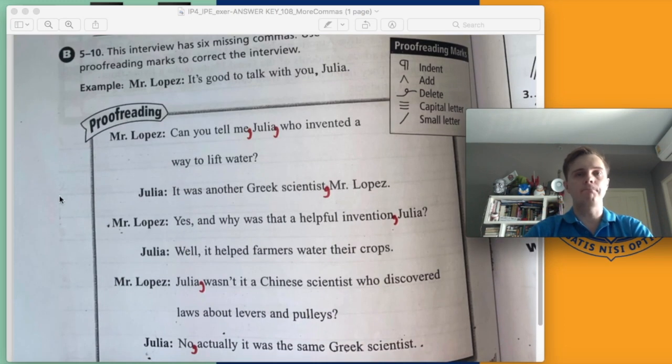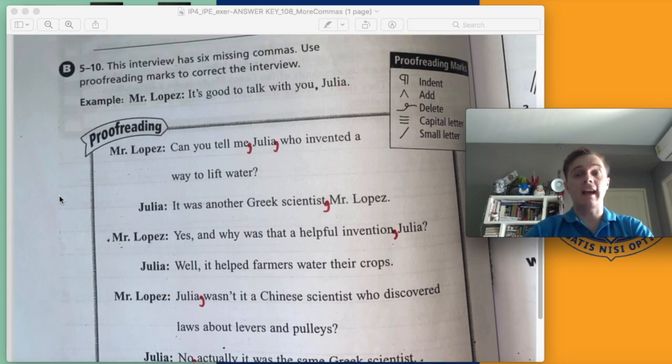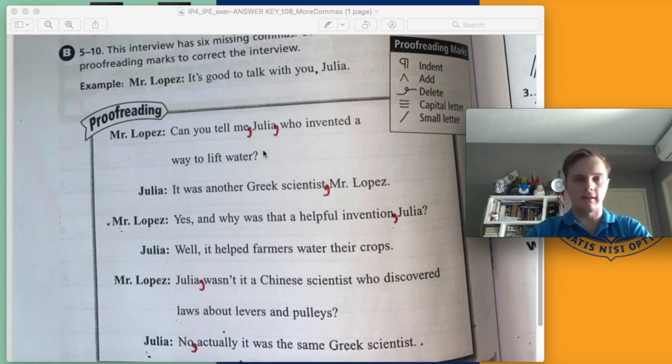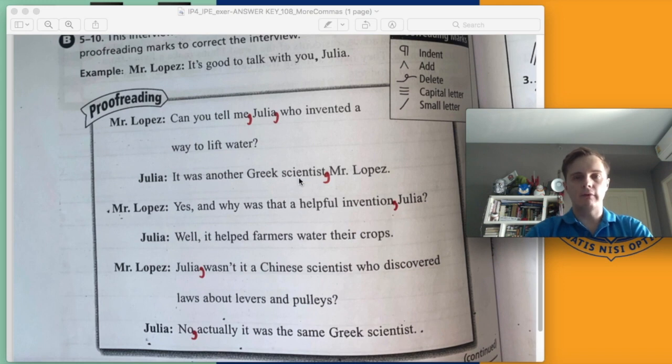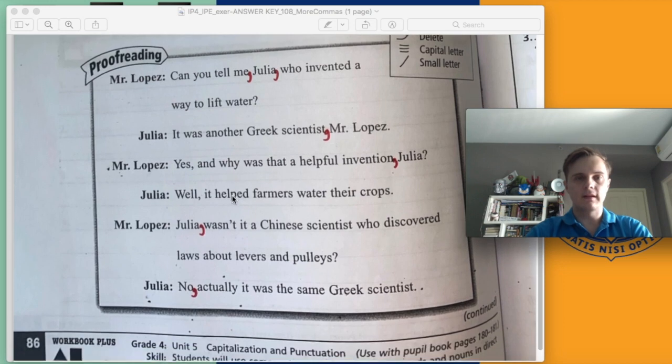Okay, section B. There are 6 missing commas that we needed to find. So, can you tell me, comma, Julia, comma, who invented a way to lift water? We need 2 commas to separate the name Julia from the rest of the sentence. It was another Greek scientist, comma, Mr. Lopez.